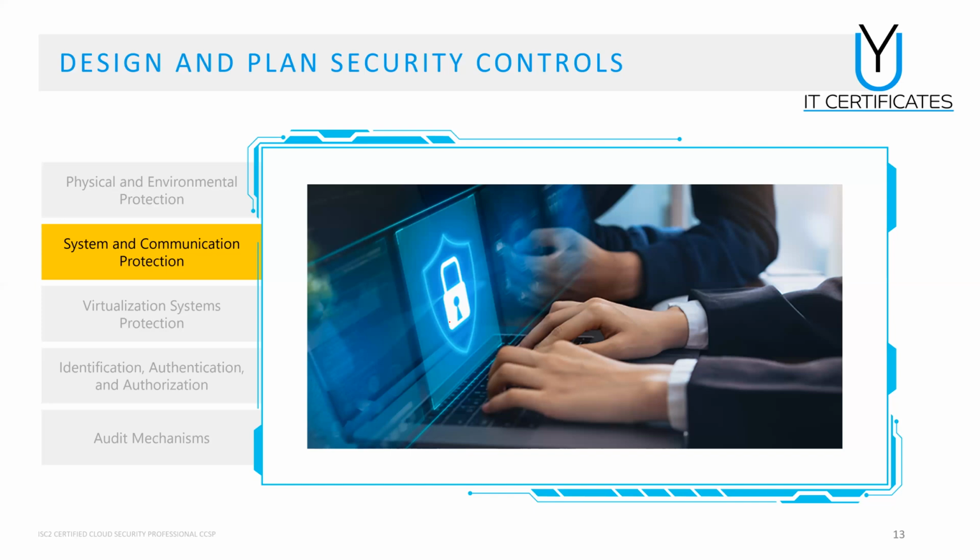Okay, the other point here, communication protection. We have to protect the communication. Of course, how to protect the communication? It's encryption. We also have another thing to take into consideration, the access control. Access control, you remember the AAA: authentication, authorization, and accounting. This is very important, because if you are not properly authenticating and authorizing the user, then this means that you are not protecting your communication.